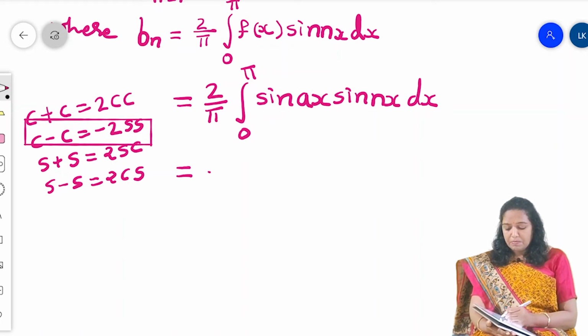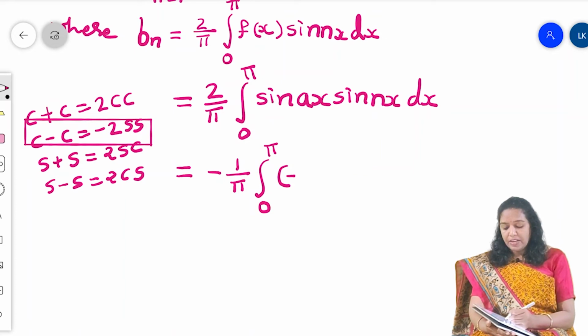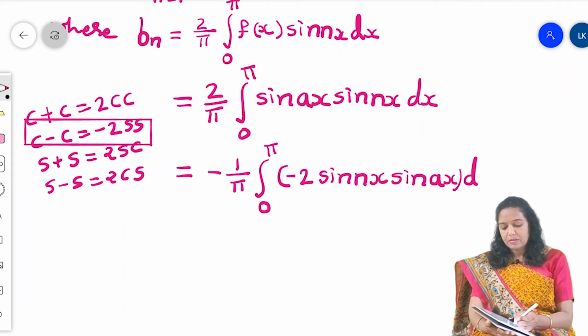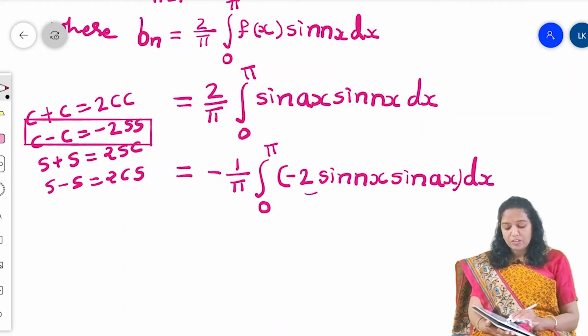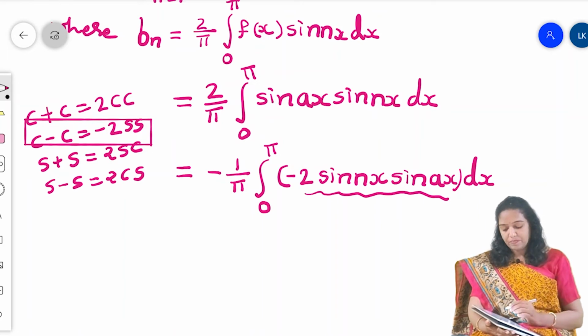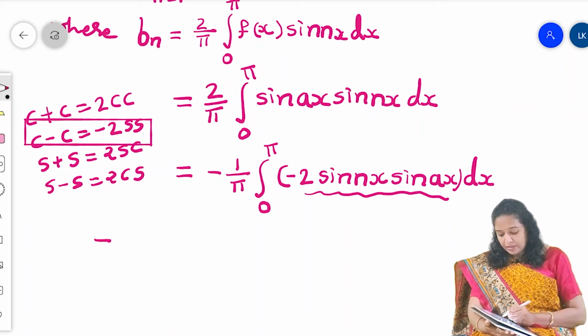It can be written as minus 1 upon pi integral from 0 to pi, taking 2 inside the integral. Now here minus into minus is plus, sin nx into sin ax dx. That is, we have minus 2ss, this minus 2 sine again into sine, it is c minus c, that is minus 1 upon pi integral 0 to pi.